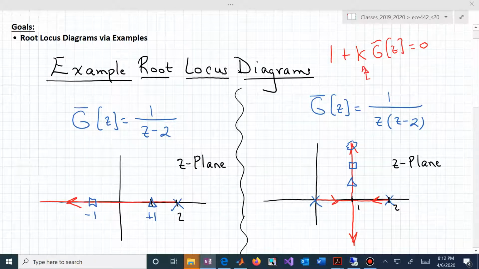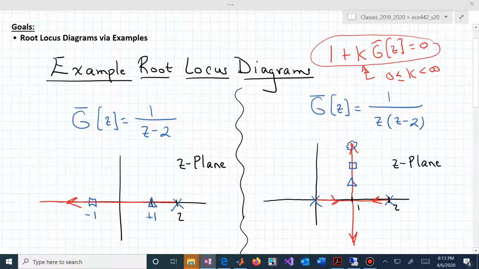As we adjust k between 0 and infinity, and march k through different values from 0 up to positive infinity, what values of z cause this expression to be true?